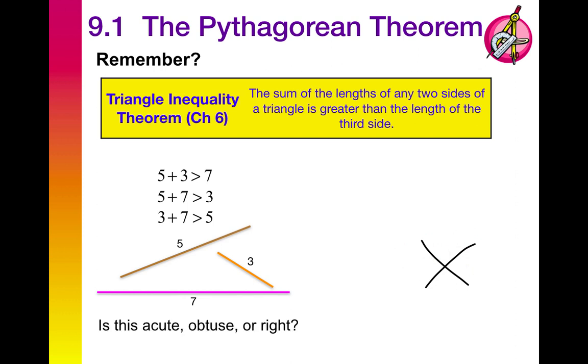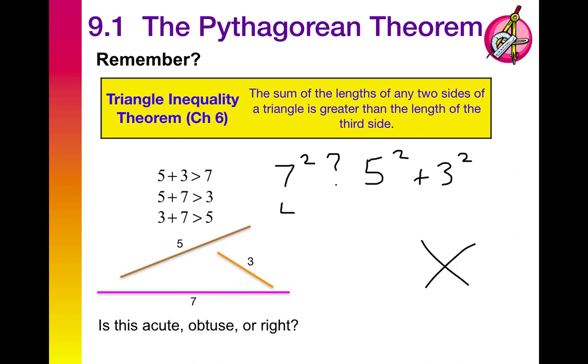If I can make a triangle out of the first one, then what kind of triangle is it going to be? Well, the way that we can tell is we form our inequality. We take the longest side, 7, and square that, and then check what happens when we take the other 2 sides and square them, plus 3 squared.